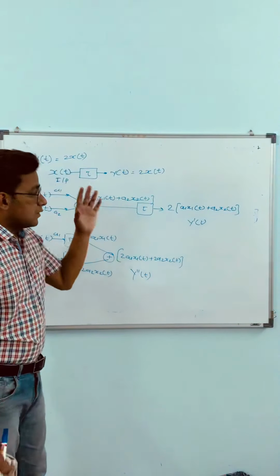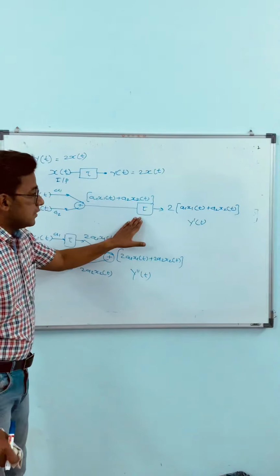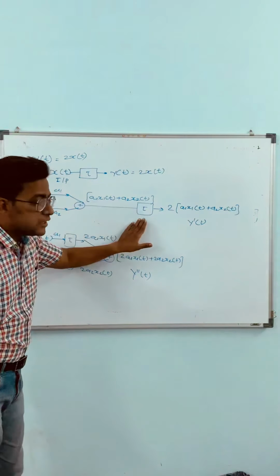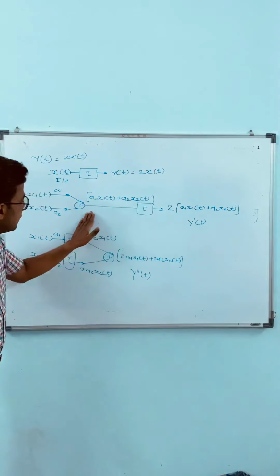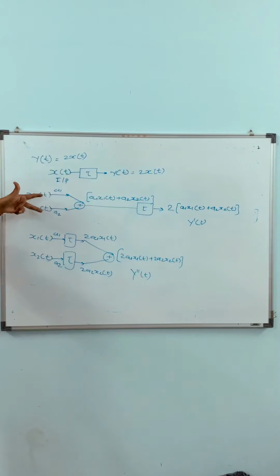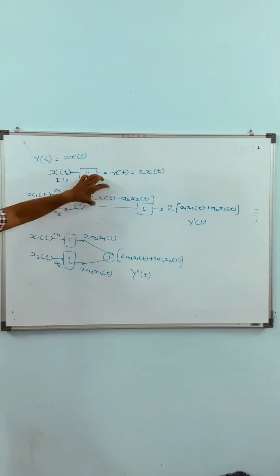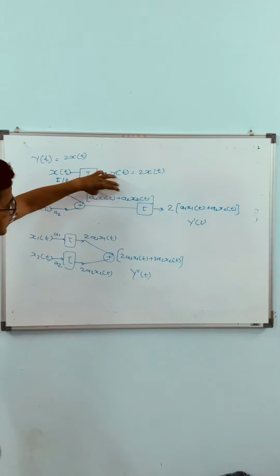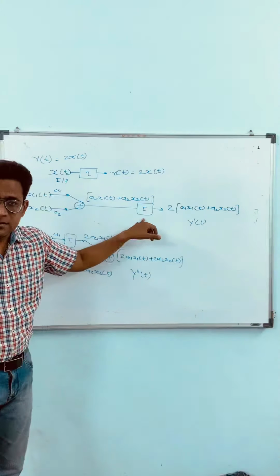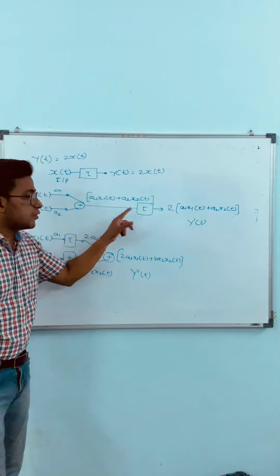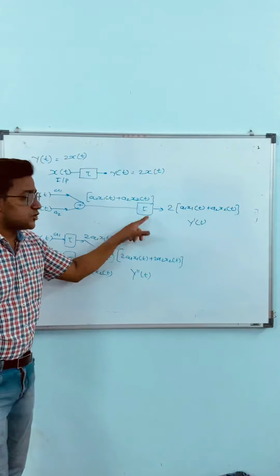As I said earlier, when the signal is entering into the system, in the first step we are going to add the a1 x1 of t, a2 x2 of t. The complete function goes inside the system at once, not like a1 x1 of t goes first and then a2 x2 of t enters.